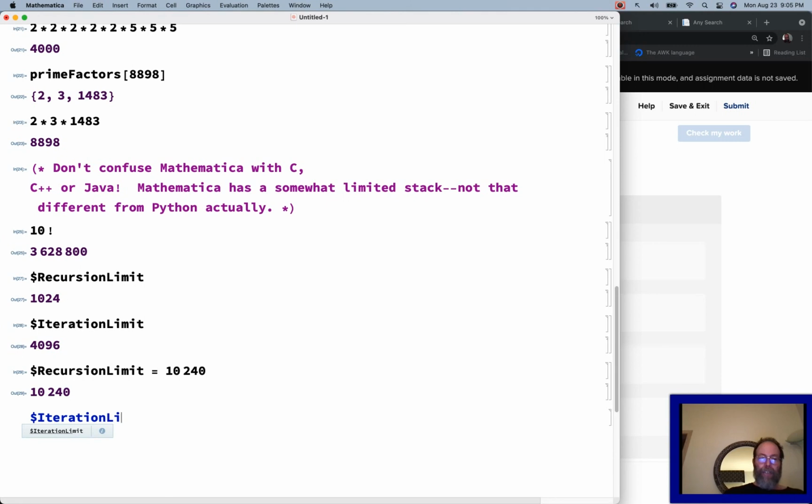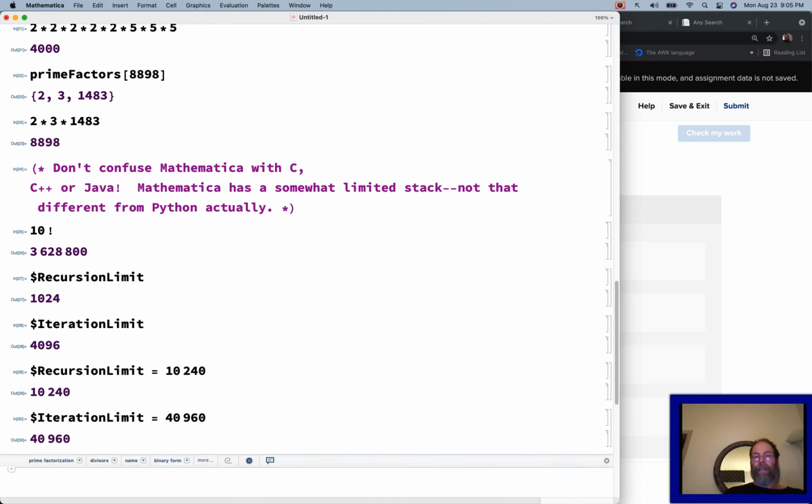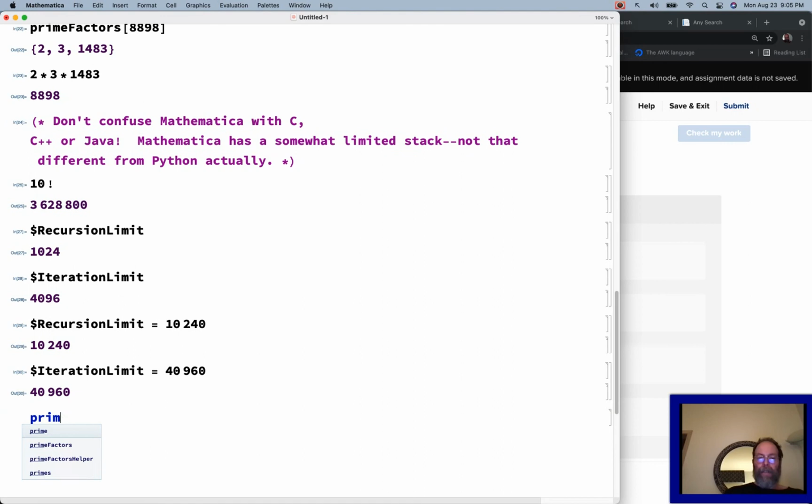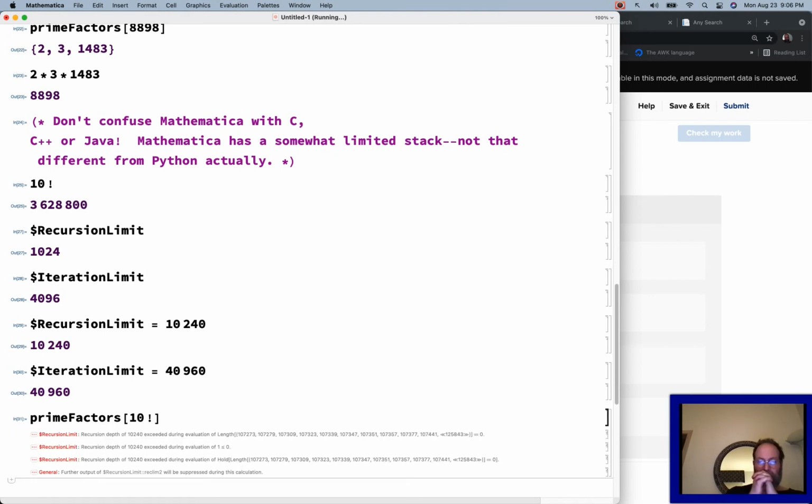And iteration limit is, let's say, 40,960. You know what? It's still not going to be enough. Prime factors 10 factorial. Yeah, so we're still getting the same error message.